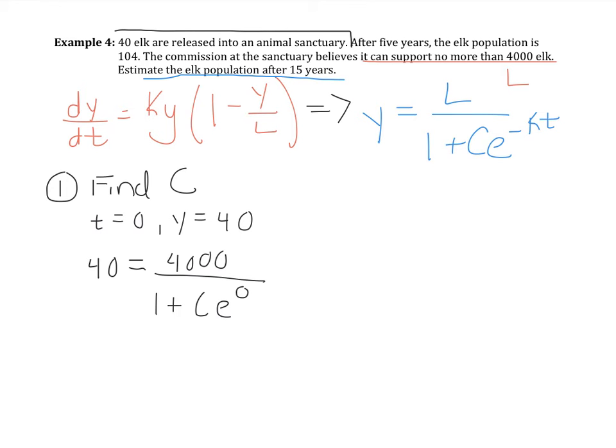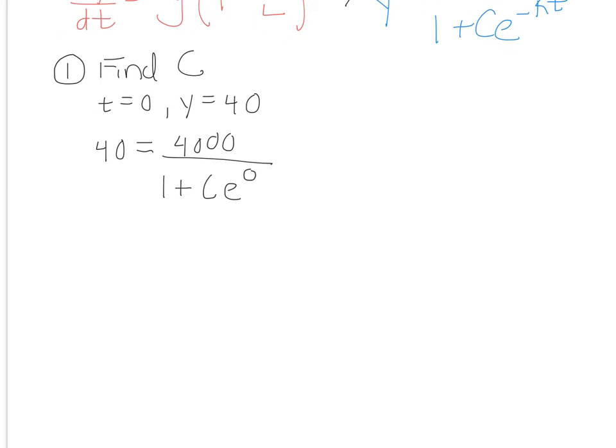That gives us 40 equals 4,000 over, well, e to the 0 is 1, so we just have 1 plus C. Then we do a little bit of algebra. If you cross multiply and solve for C, you should find that C is actually going to be 99. So that gives us our constant C, which was not the value for the initial population. Just look alive there.